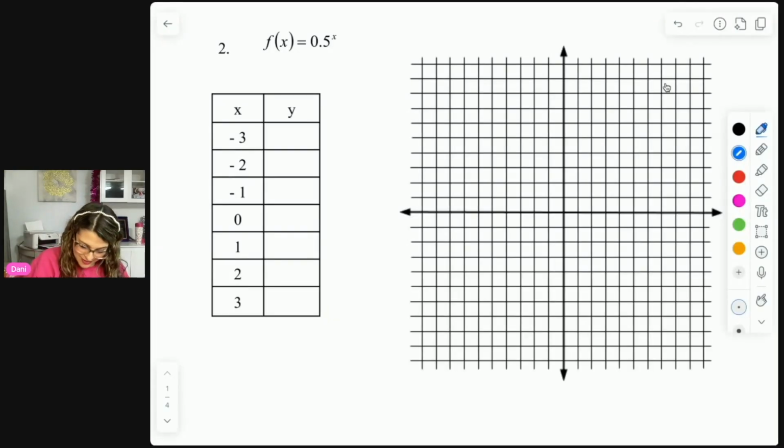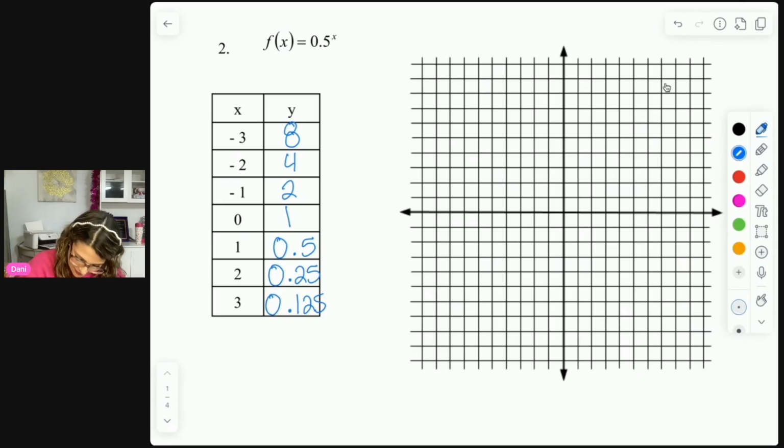All right, so -3 is 8. And 4, 2, 1, 0.5, 0.25, 0.125. So we can see it's getting smaller and smaller and smaller.